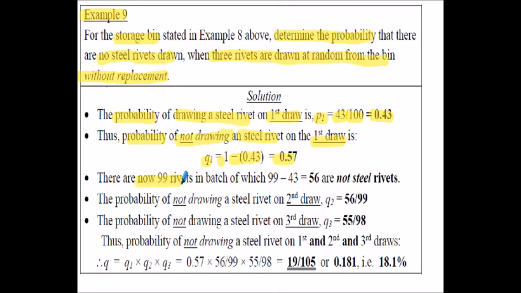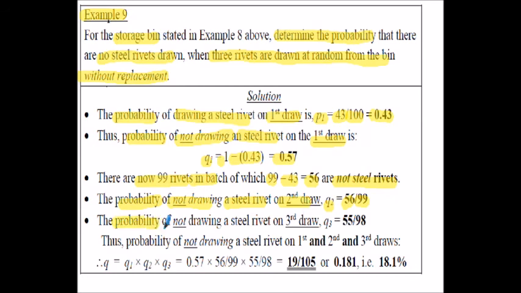Now there are 99 rivets in the batch, of which 99 take away the 43 steel rivets, 56 are not steel rivets. So the probability of not drawing a steel rivet on the second draw, Q2, is 56 divided by 99. There's 99 in the batch now.